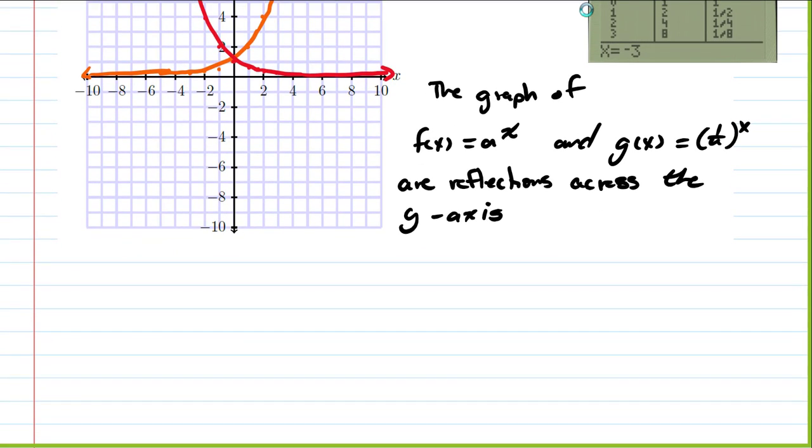And the reason for that is 1/a raised to the x is the same as a to the -1 raised to the x. Because if we move our a from the denominator to the numerator, it makes its exponent negative. And then if we have a power raised to a power, we multiply. So that gives us a to the -x.